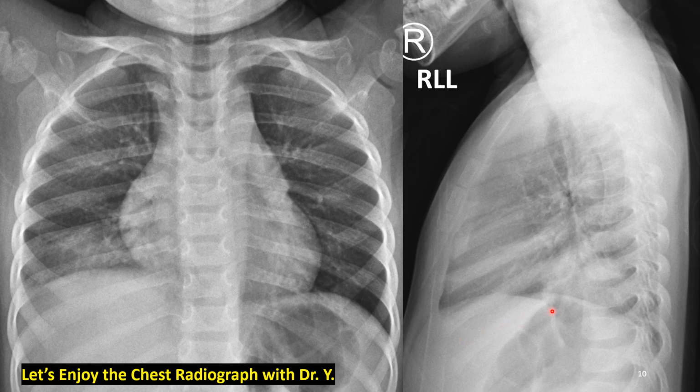We see only one hemidiaphragm here. Which side? Okay, this is left side. And how about retrocardiac area density? Very dense. Dense consolidation here in posterior triangular area. Okay, correct. Right lower lobar consolidation of pneumonia.